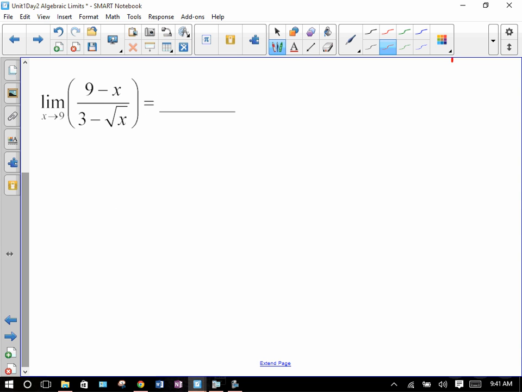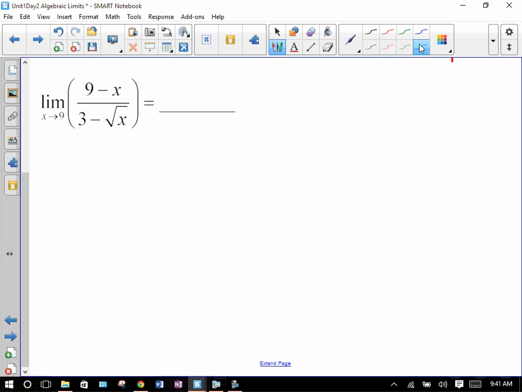So again, we start off by looking at this problem. The first thing that you should always try, guys, is substituting the number in, because the best you can do, if you can do that, is much easier and obviously much more perfect.